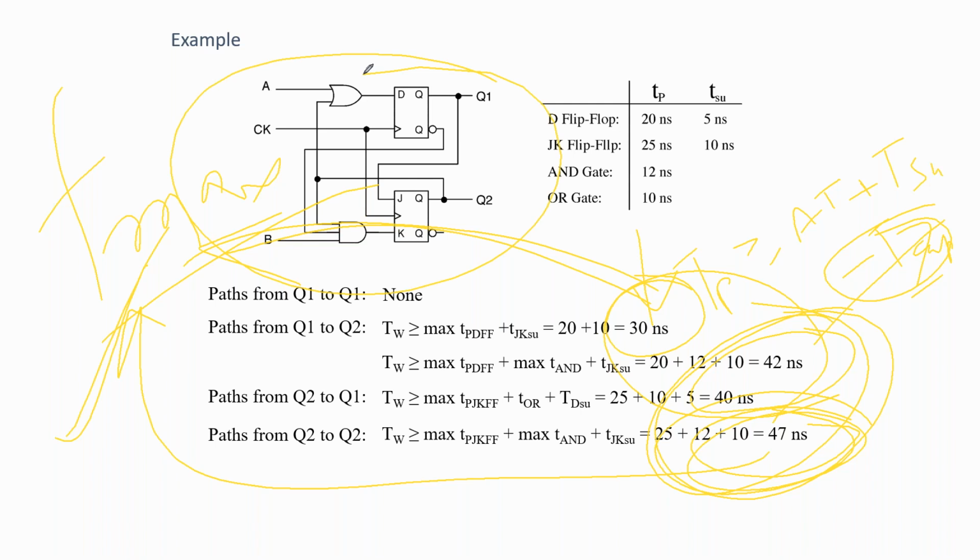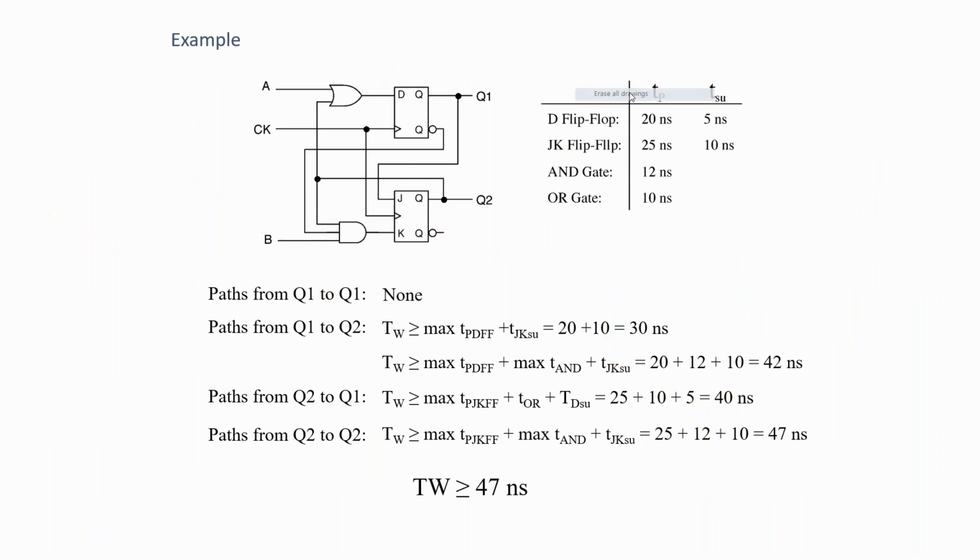So the minimum time period and maximum frequency for this circuit will be either 47 or greater than 47. Correct? Understood or not? Understood, sir. Yes. Good.